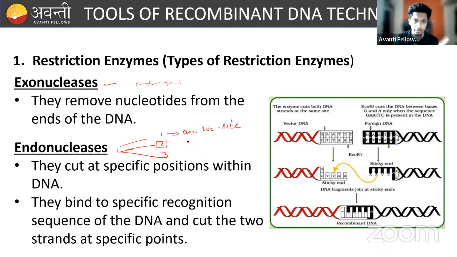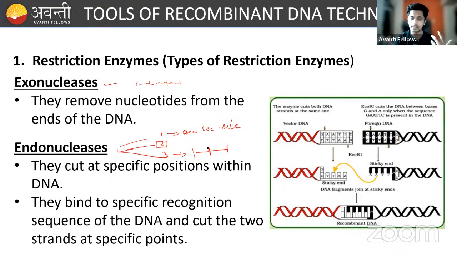Type 3 restriction enzymes have their own limitations. Imagine you have a gene sequence from here to here, and a restriction enzyme cutting very far away from the gene sequence. That means you are carrying unwanted load.